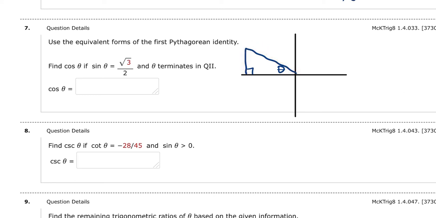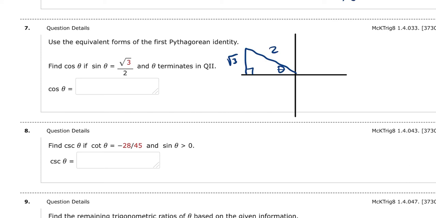We know that sine is opposite over hypotenuse, so opposite would be here. Just be aware of the signs. Up is positive, down would have been negative. So that should be a positive, and then hypotenuses are always positive, no matter what quadrant you're in.